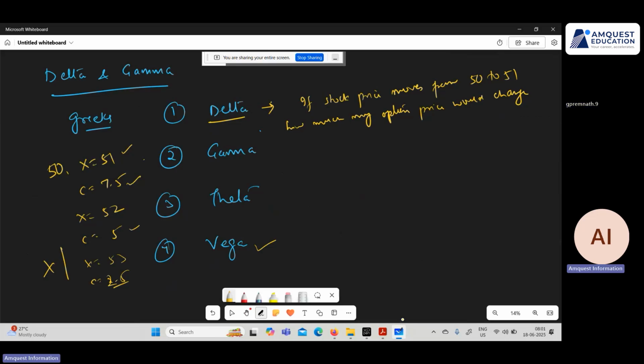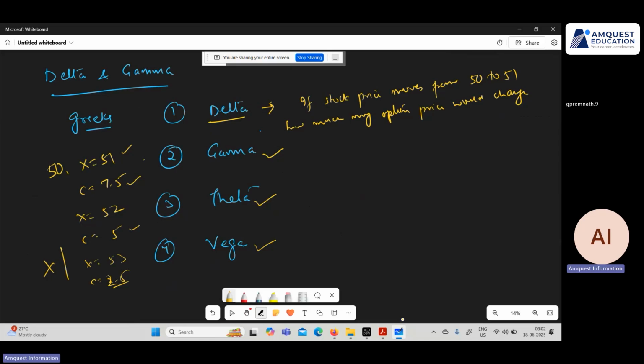Every day or every hour the theta is passing, the time. And depending upon what the price is and what the strike price is, the option could be in the money, out of the money, or at the money, which means the gamma is also changing. But it at least gives us a good approximation of how our option prices would change when my stock price goes from 50 to 51, or there is a 1 unit change.